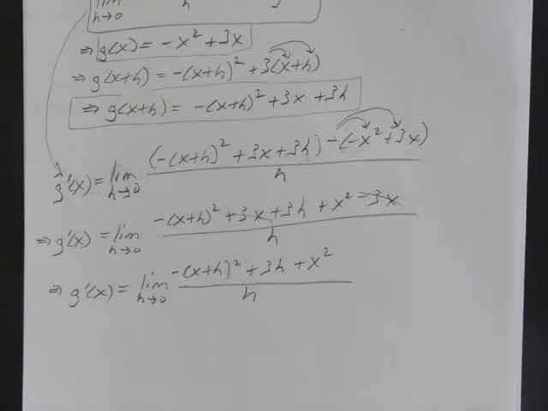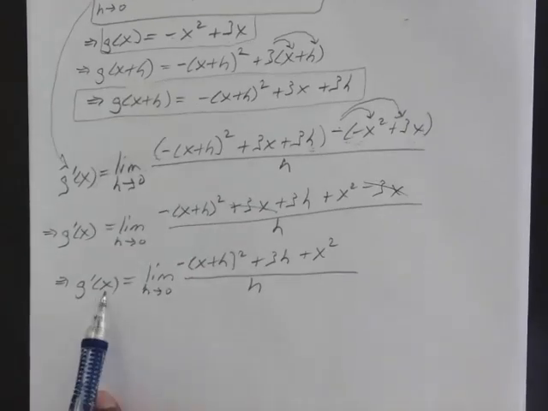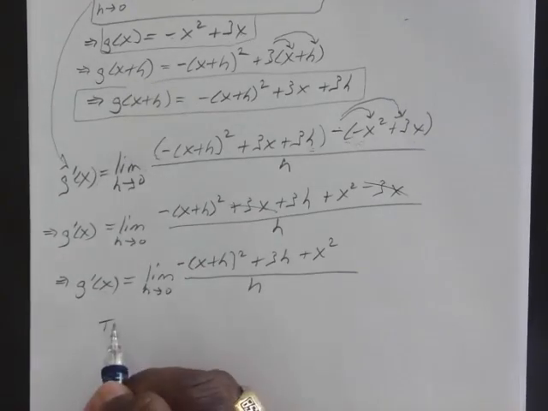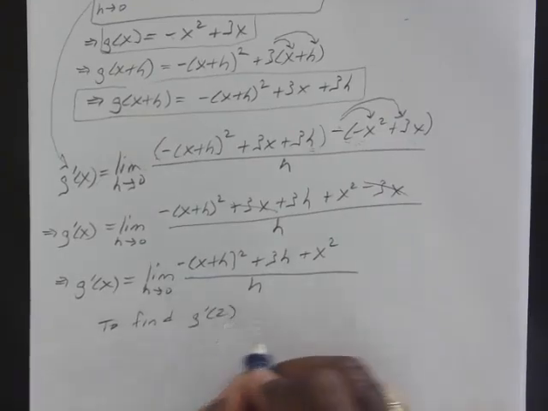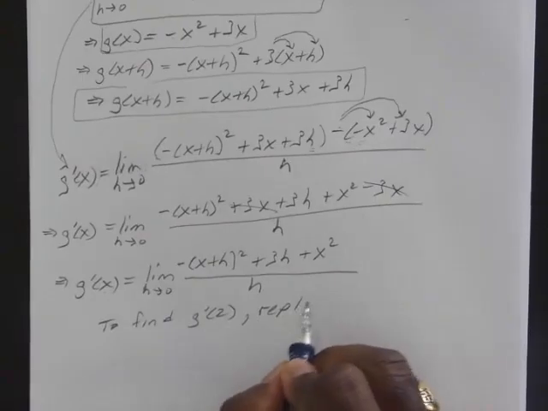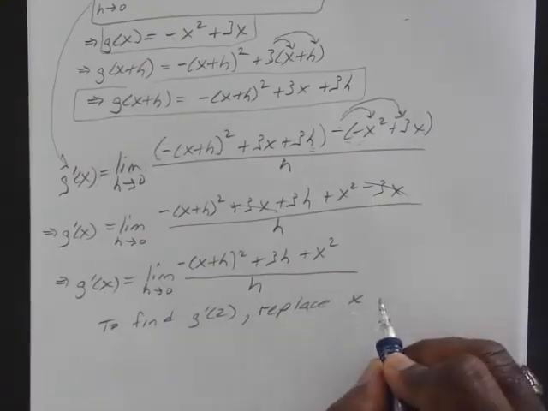Now, once you find your derivative, find the derivative at 2. So to find g prime of 2, we just replace x with 2.